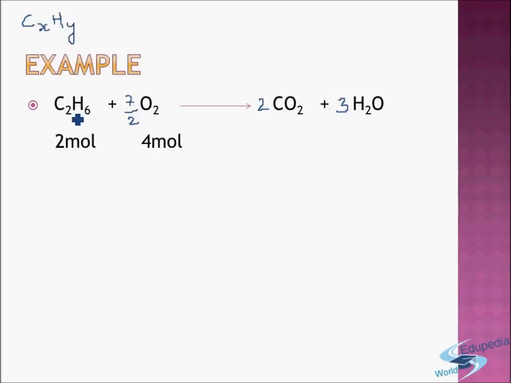In the case of ethane, x is 2 and y is 6. In general, any hydrocarbon CxHy, upon combustion, is going to form CO2, as we always assume complete combustion unless otherwise mentioned in the question, and H2O. These are the two products it is going to form.